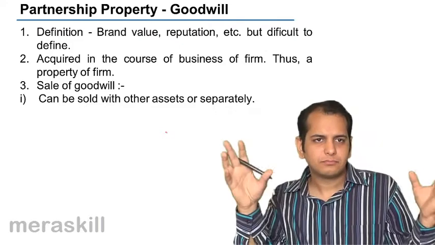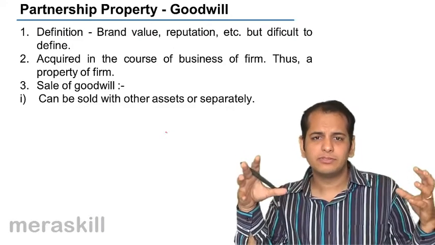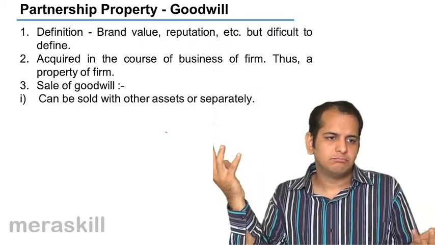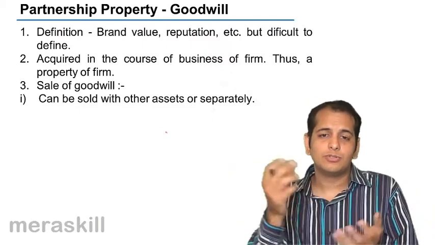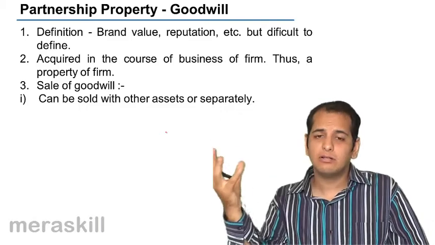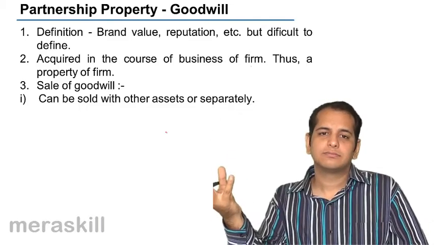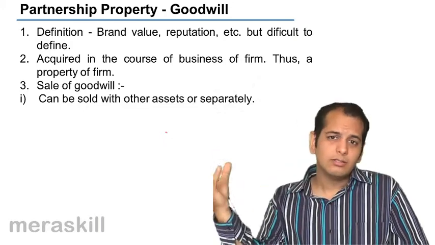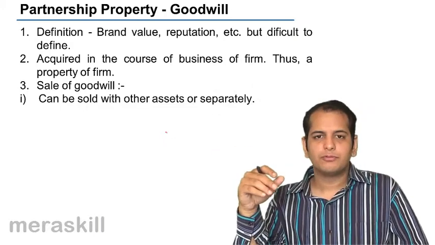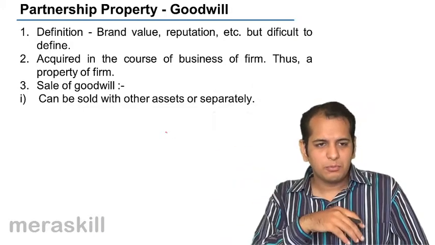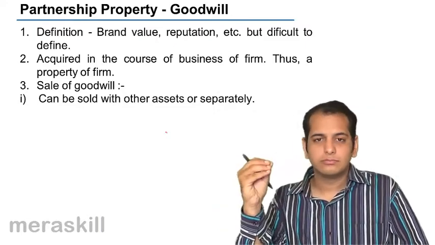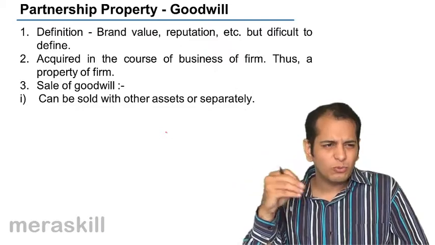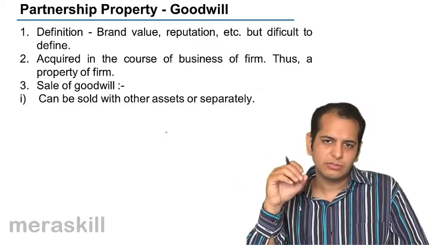You know, let's say I am doing a business. I am a person who makes sweets. So I am a halwai, mithai wala, and I make a lot of profit from this business. However, I am aging. Let's say I am turning old. So now I do not want to continue with the business.